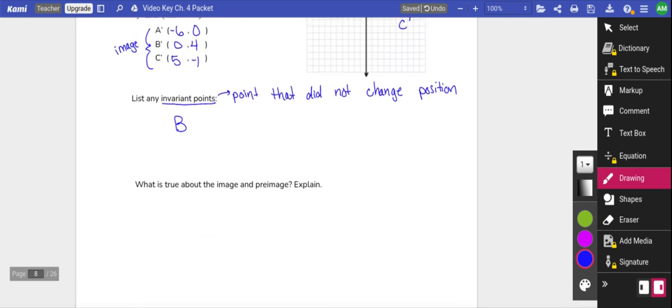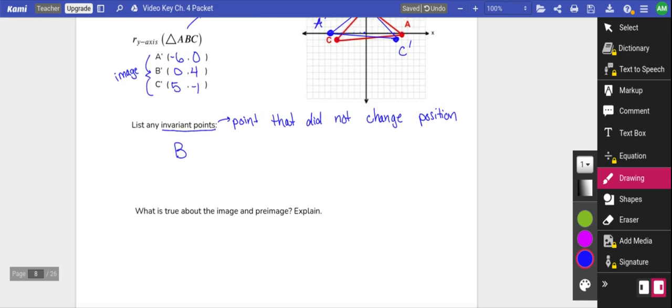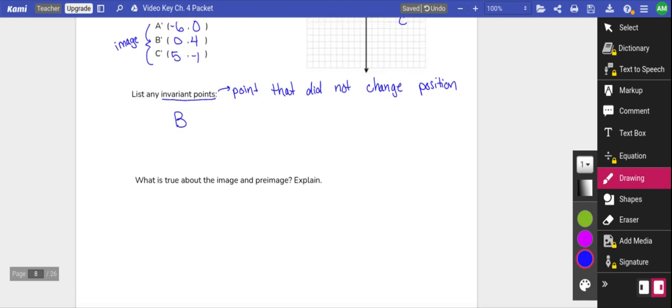And then here it says what is true about the image and the pre-image. So what I want us to write here is that the image and the pre-image are congruent. And why are they congruent?